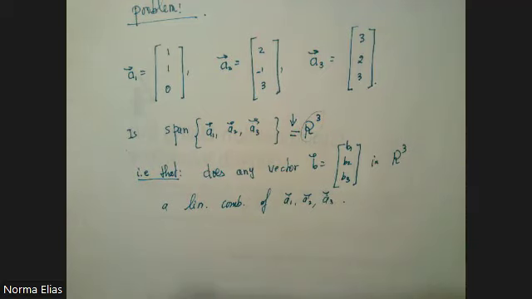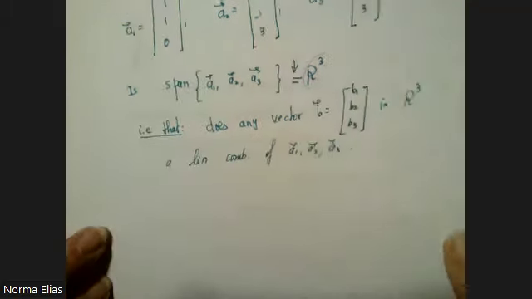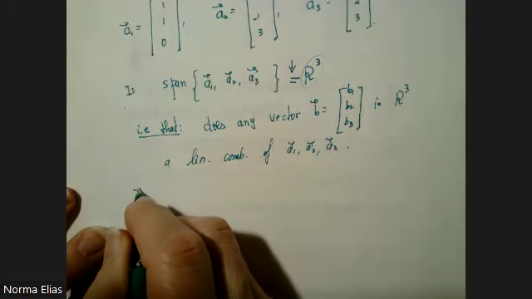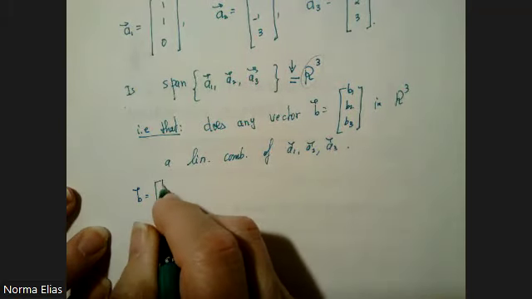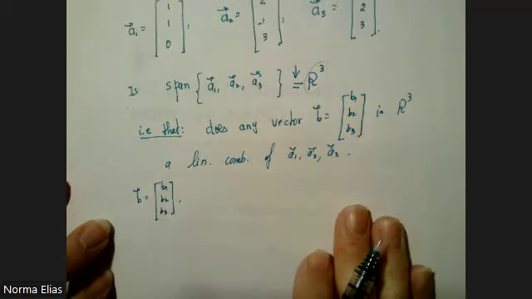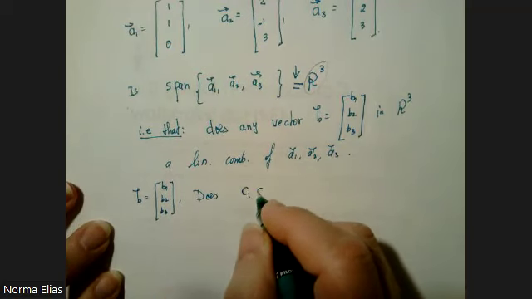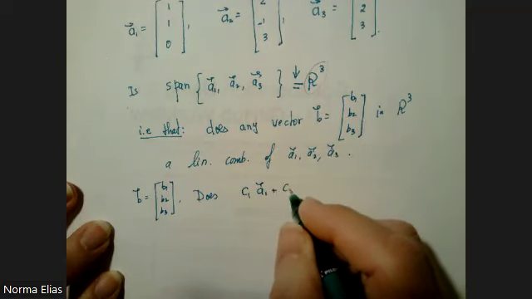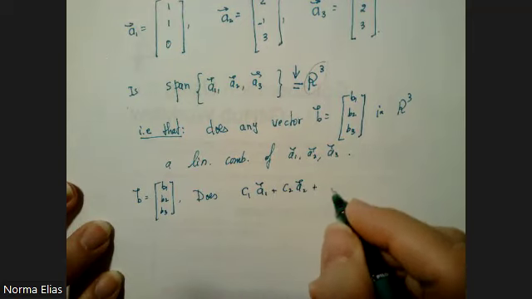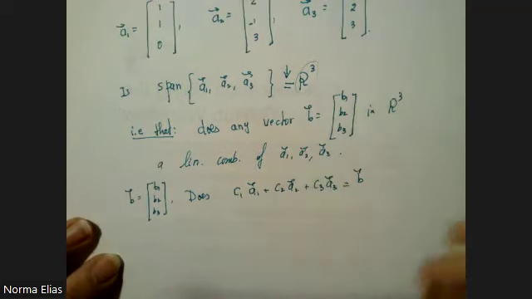And, you know, our geometry has limits, so we don't know exactly if it's the case. So we actually have to discuss this. So what does it mean? It means we take any vector B, and I ask myself the following question: does the following equation, x1 A1 plus x2 A2 plus x3 A3 equal to B, have a solution?